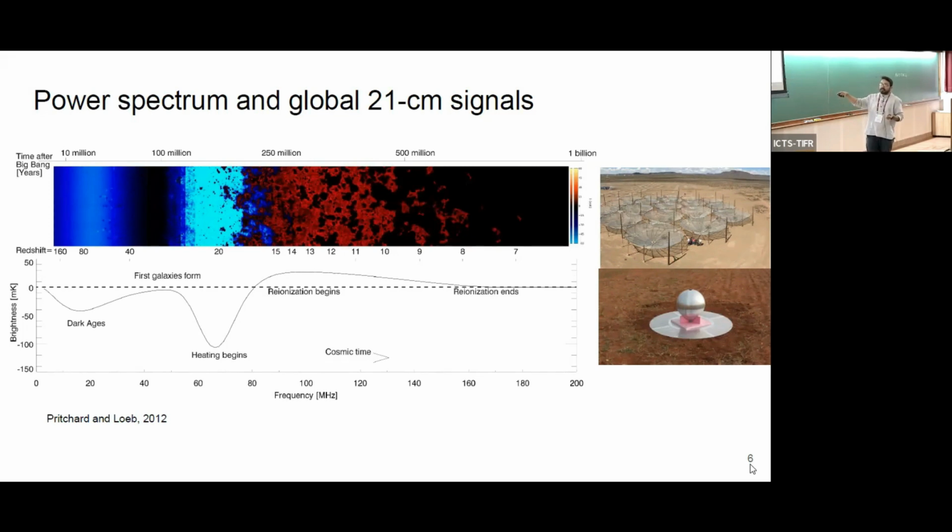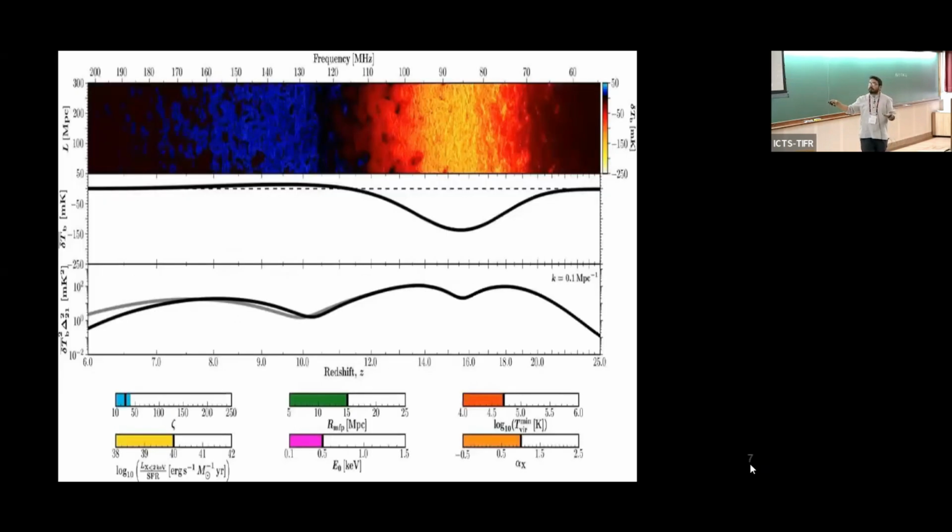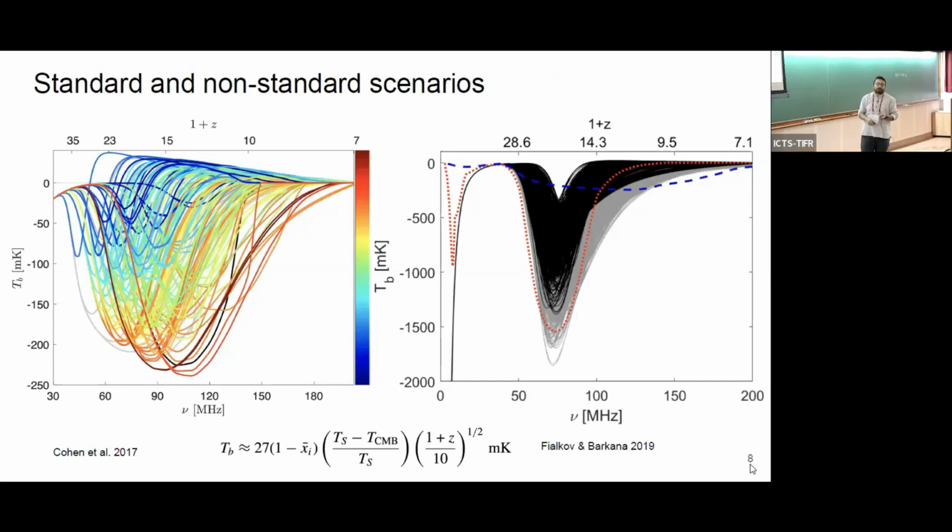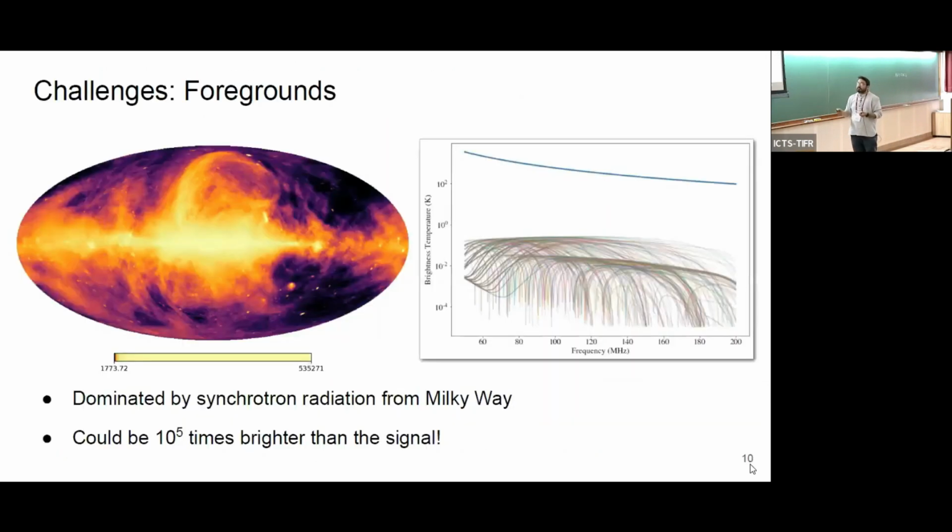We're talking about 100 millikelvin in the standard model, maybe a few kelvins in non-standard models. But the kind of amplitudes we have here are thousands of kelvin, actually. This is one of the templates of what the foregrounds could be at these frequencies, and they could be really thousands to tens of thousands. And these colored signals are the 21 centimeter signal.